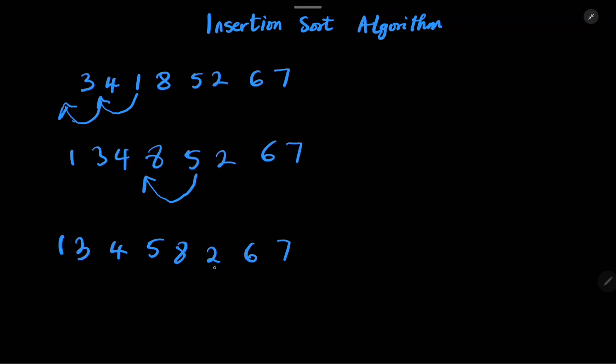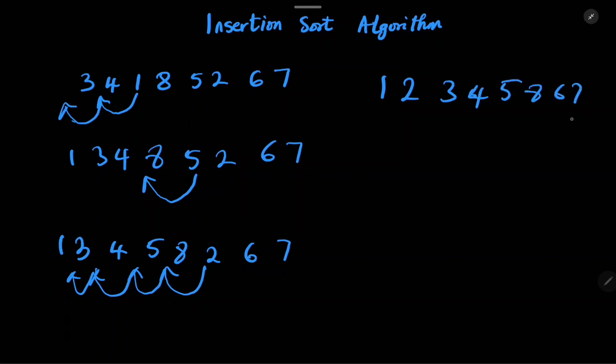And here we have 2 after 8. So it means we are going to move it from here. We move it here, we still move it here, and we move it here and here. And then we would have 1, 2, 3, 4, 5, 8, 6, 7.